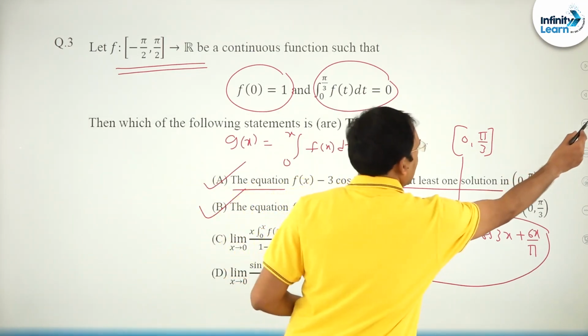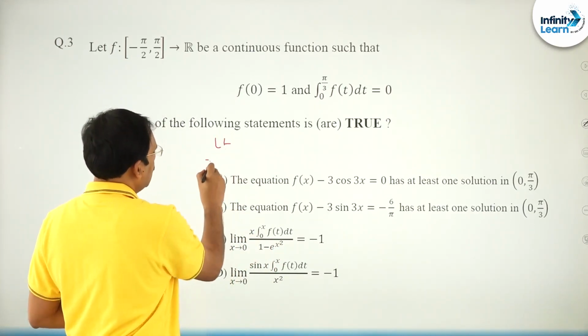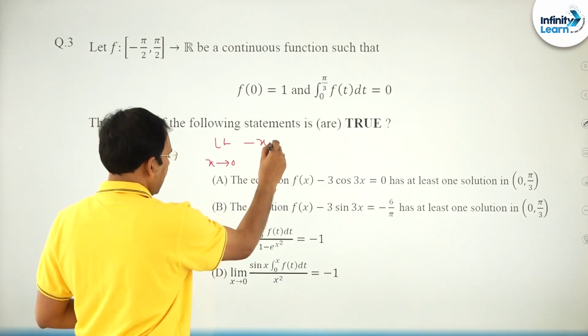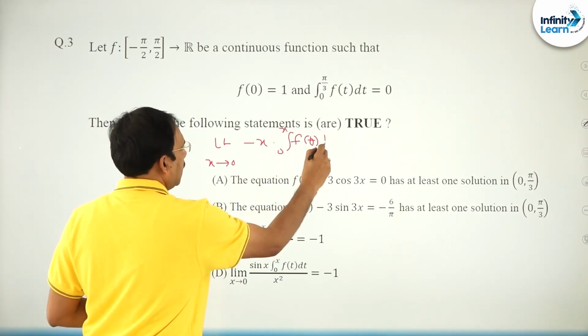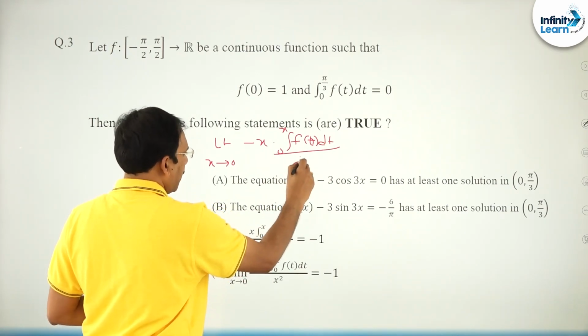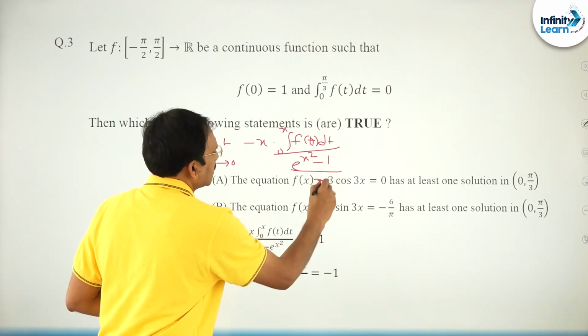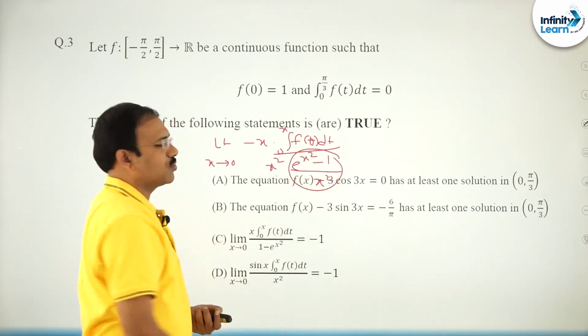Now to prove C and D, you see this one, the limit as x tends to 0. You can write minus x into the integral from 0 to x of f of t dt, by e power x square minus 1. You divide with x square and write x square here; as x tends to 0 this goes to 1.